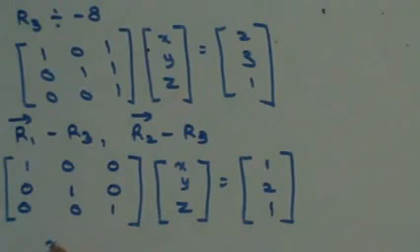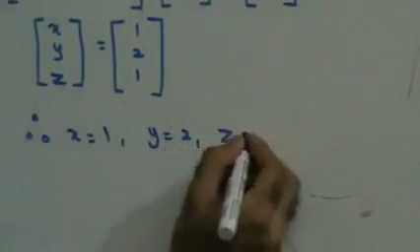This is nothing but I, so you will get X, Y, Z is equal to 1, 2, 1. Therefore, I can say that X is equal to 1, Y is equal to 2, and Z is equal to 1. Right? That's how I get the value of X, Y, and Z.